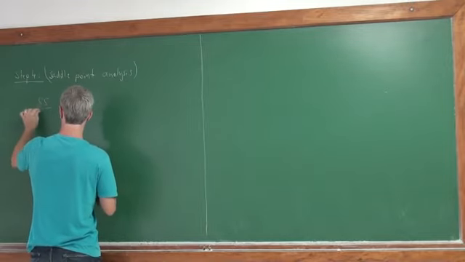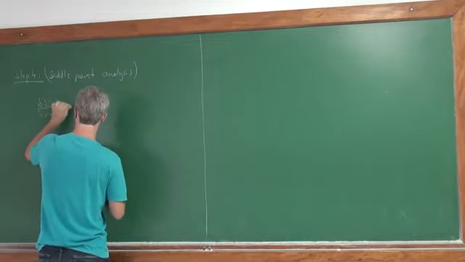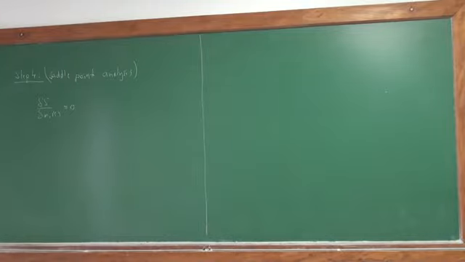So what we do is take the functional derivative of the action and set this to 0. Again, we can do it in real space, or we can do it in momentum space. Let's see what you prefer.